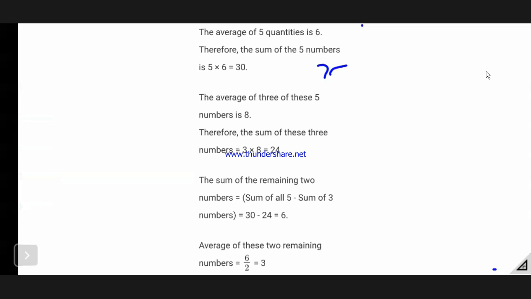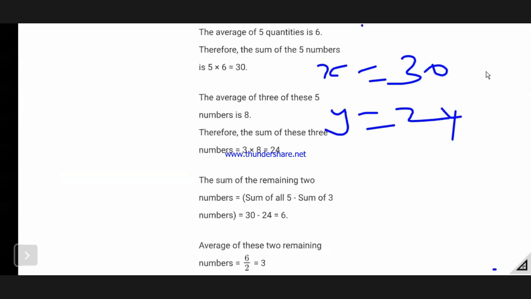So the sum of the data is equal to 30. The average of 3 of these numbers is 5, therefore the sum of these numbers is 15. The average of 3 of these 5 numbers is 8, therefore the sum of these numbers, let it be y, is equal to 24.